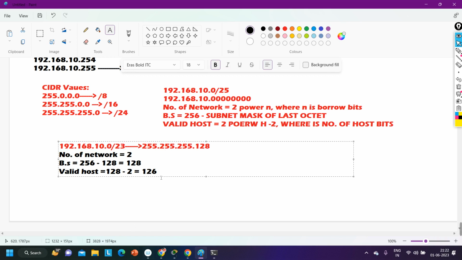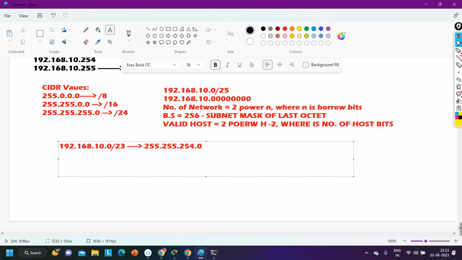See, now the network bits are 23, so the subnet mask will be what? 255.255.254.0.